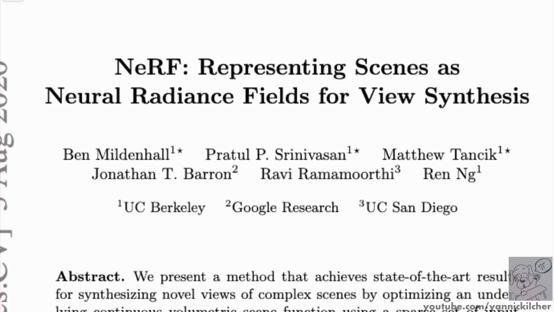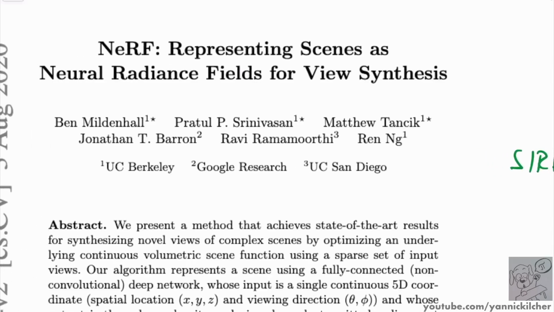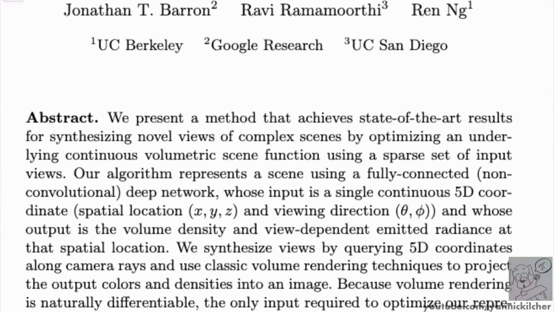Now, the special thing about this paper is that it's in the spirit of something like SIRENs. So SIRENs, I've made a video about it, and the special thing right here is it uses deep learning in a little bit of a different way than we would normally use it. So first of all, what does the abstract say?